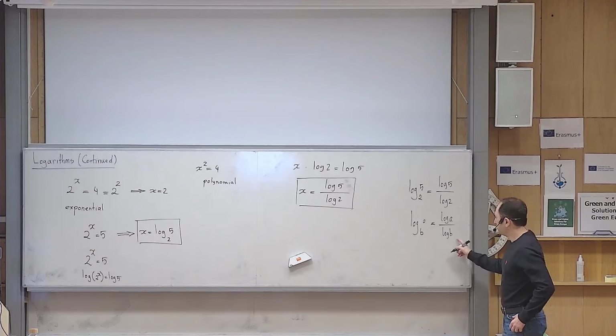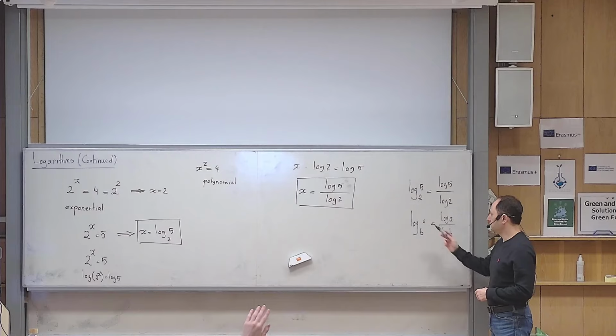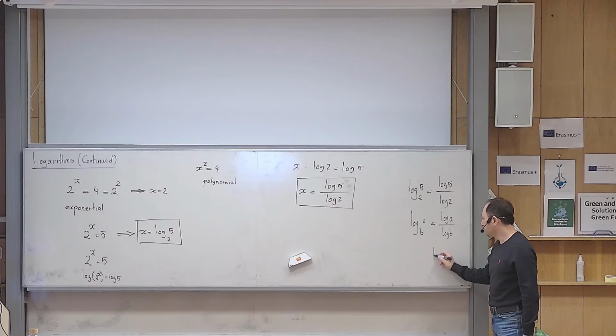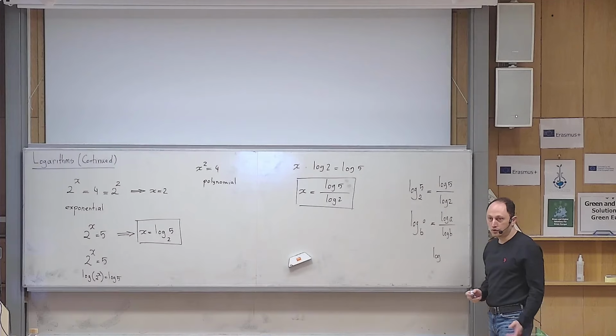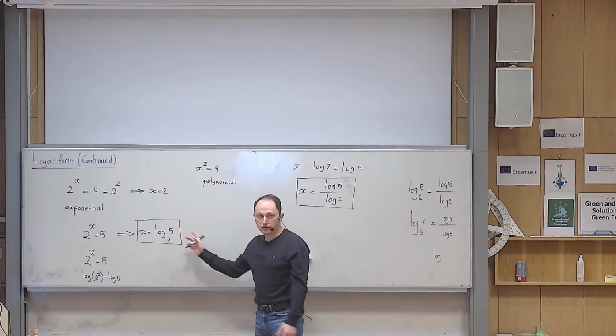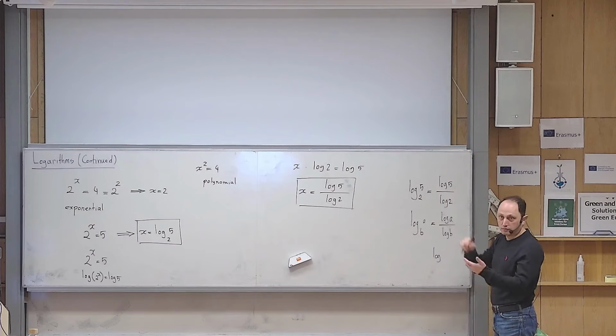That is very important because GeoGebra can calculate this directly, but if you have a calculator that has only one button for log, so if you want to calculate this using a calculator, you have to write log of 5 by calculator divided by log of 2.